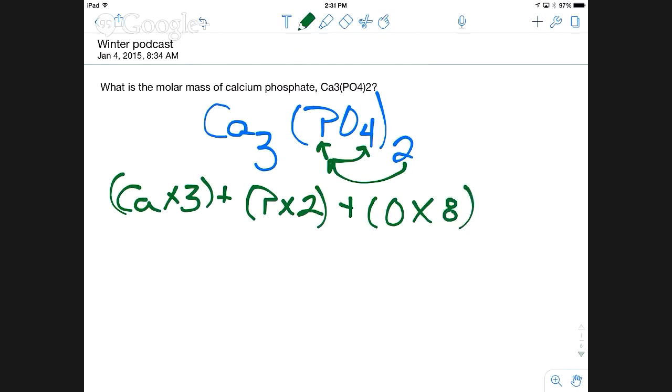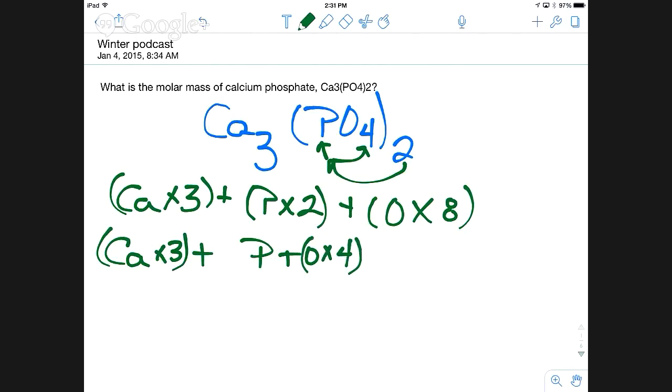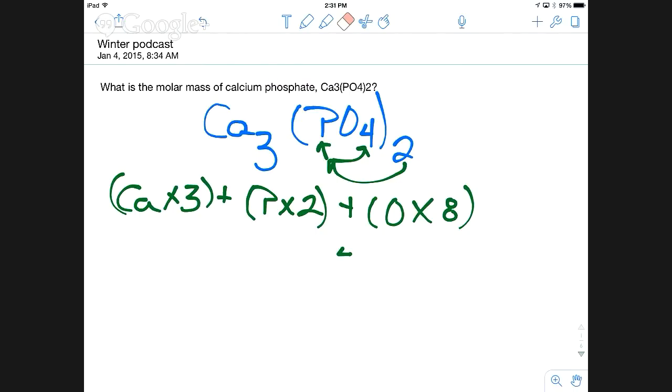You could also do Ca times 3 plus P plus O times 4, and then multiply that whole thing by 2. You could do that if you want. I think it's a little bit easier to make mistakes that way, but do whatever you want to do.